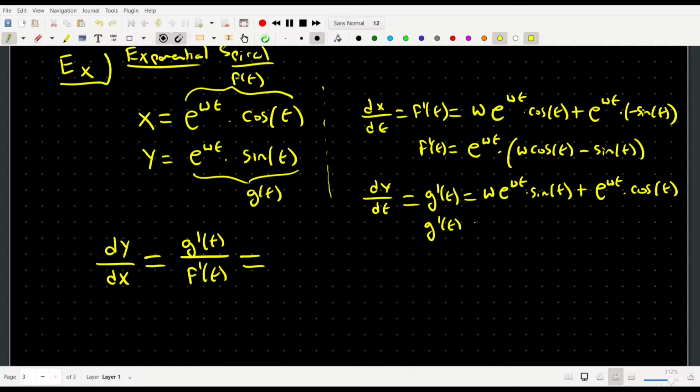So g prime of t will be e to the omega t times omega sine of t plus cosine of t.